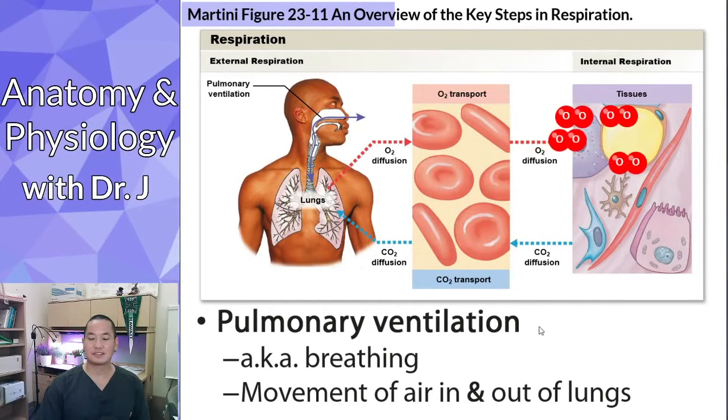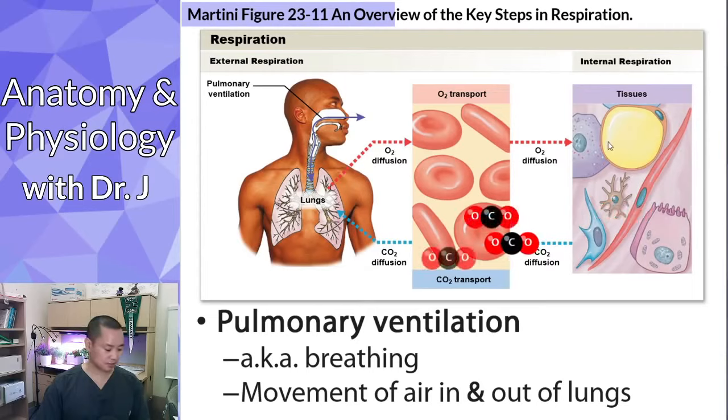And your tissues are going to generate carbon dioxide. You want to convert that carbon dioxide into a form that can be transported out of your tissues into your bloodstream. That's internal respiration. So this exchange between the blood and the tissues, that's internal respiration.